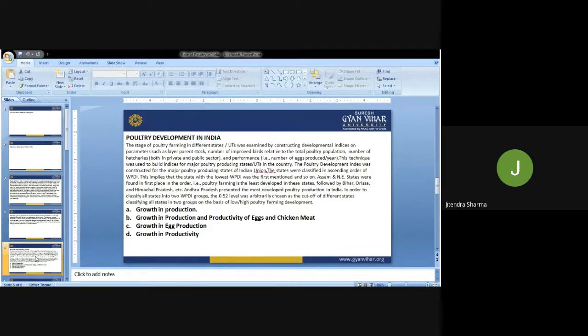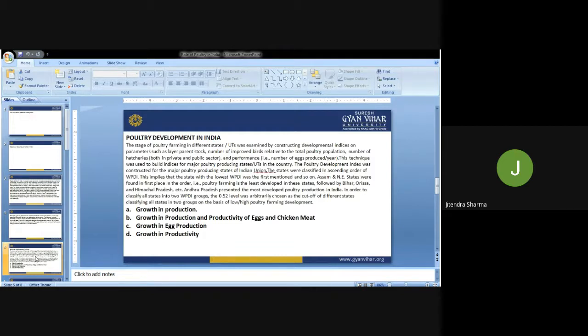In order to classify all states into two poultry development index groups, the 0.52 level was arbitrarily chosen as the cutoff to classify all the states into two groups on the basis of low and high poultry farming development. So the states were classified on the basis of what kind of development is there, what kind of population is there, what kind of productivity is there.